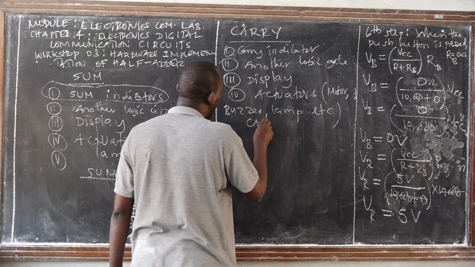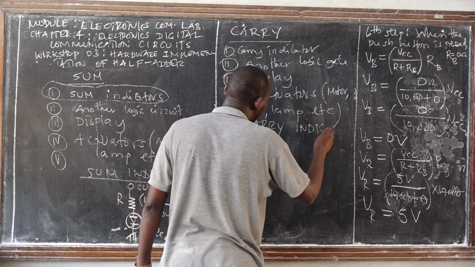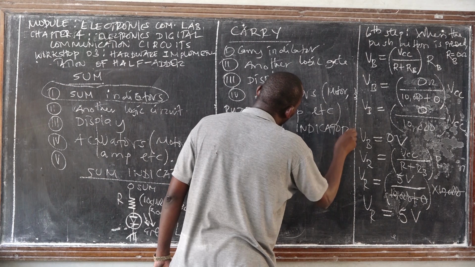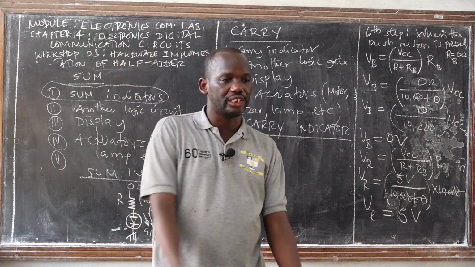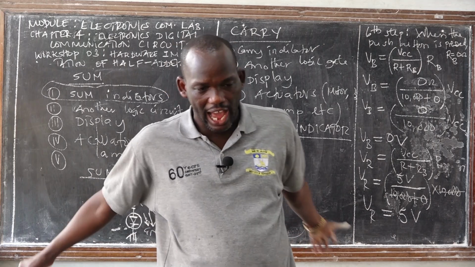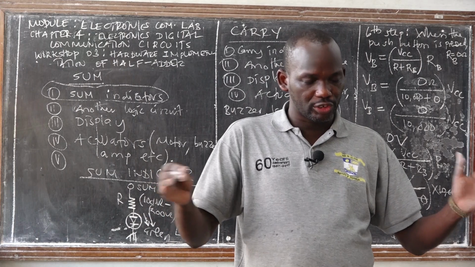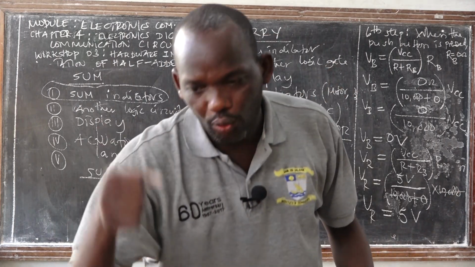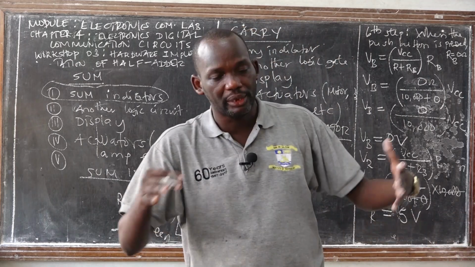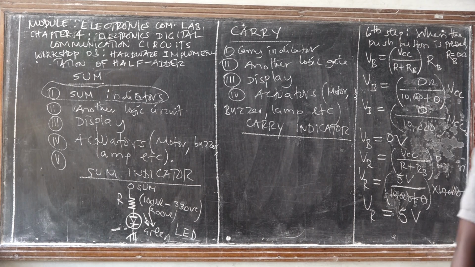To simplify the concept, for our case we just use the carry indicator, where we are going to use the LED, which will work in only two states: either turn on when the summation of the two bits is a particular value, or turn off when the summation of the bits is another value.